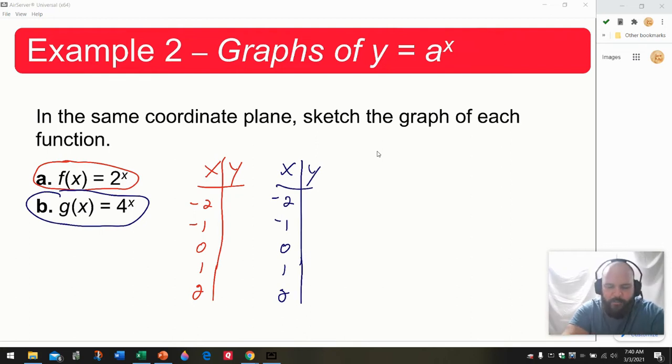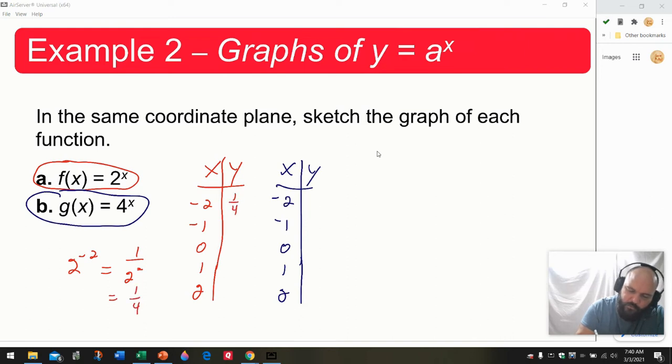Now, how are we going to get our y values? Well, we're simply going to get our y values by plugging those x values into each of the functions. So what happens when I plug this -2 in for that x? Well, you're going to have 2 to the -2. And if you recall, the rule for negative exponents is you flip them over and they become a fraction. So this becomes 1 over 2 to the second, which is 1/4.